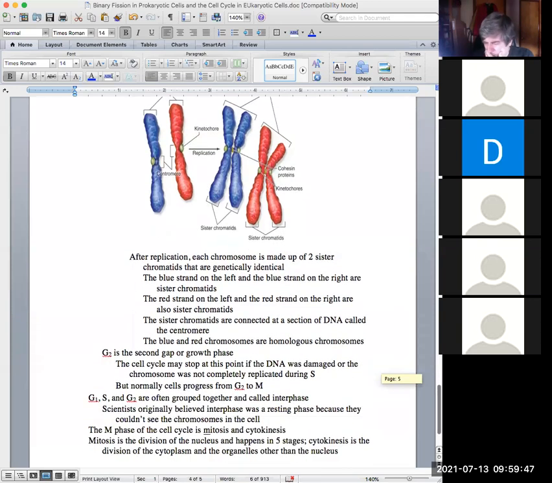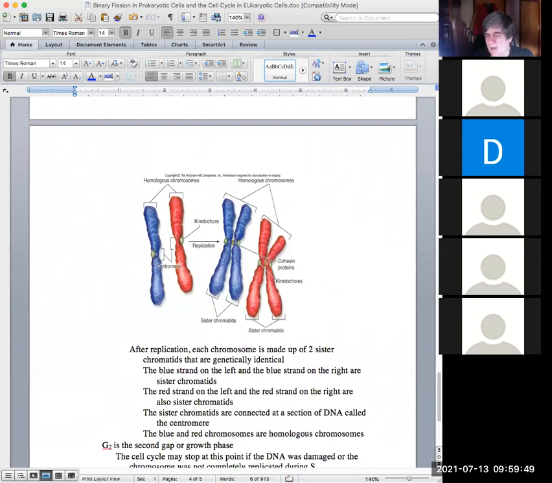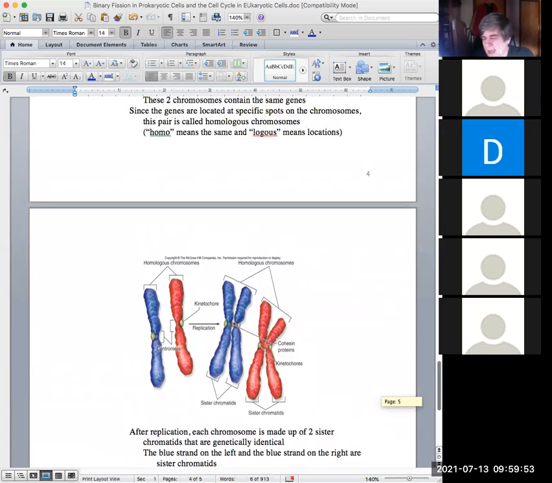Tomorrow we're going to be thinking about these two sister chromatids and how they act during mitosis, because we're going to have to split these chromatids up to make an egg or a sperm.